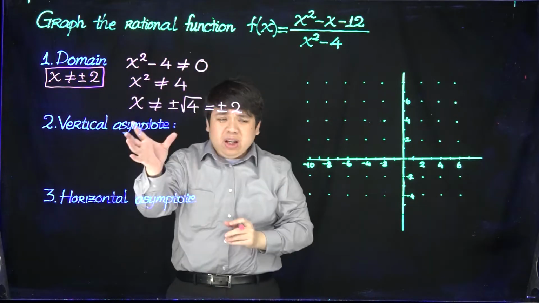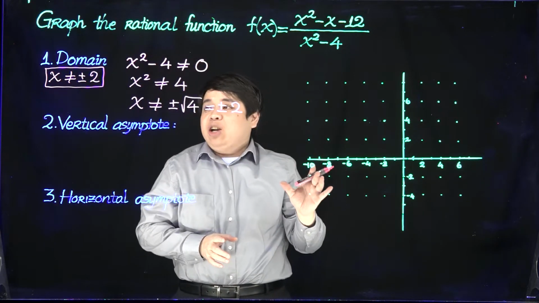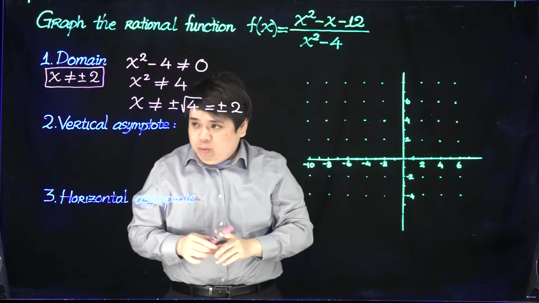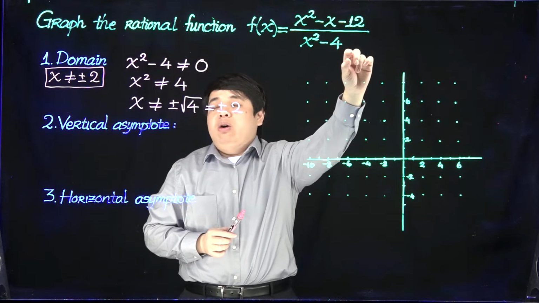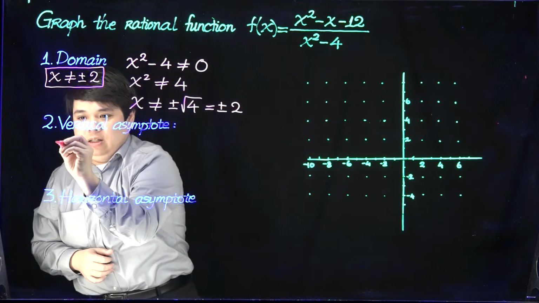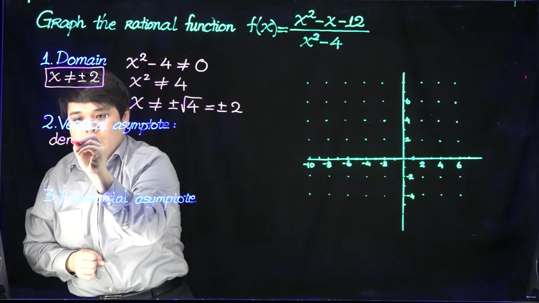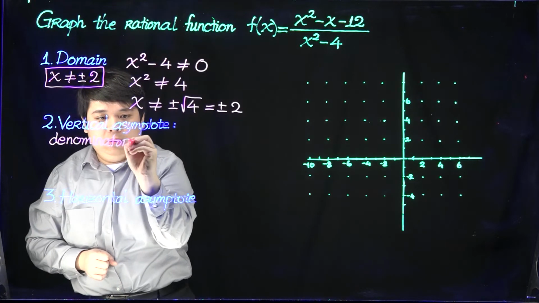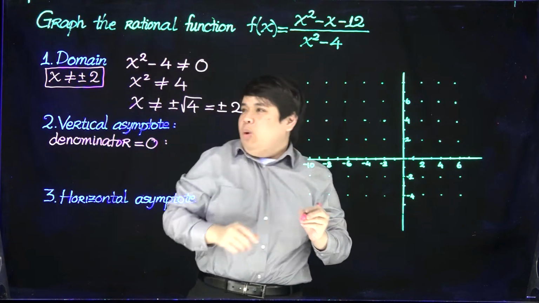That is the domain. Now we go to the vertical asymptote. The vertical asymptote is not part of the graph, and it is where the function is undefined, so it is somehow related to this. For the vertical asymptote, we let the denominator equal to 0, and make sure that the top is not. So x squared minus 4 equal to 0.